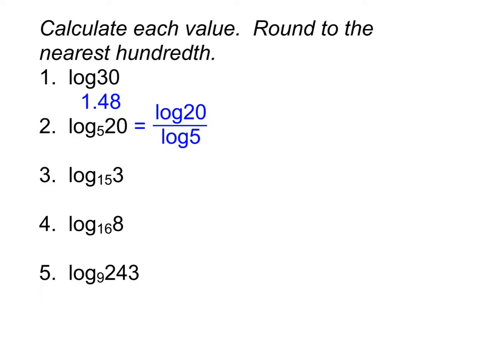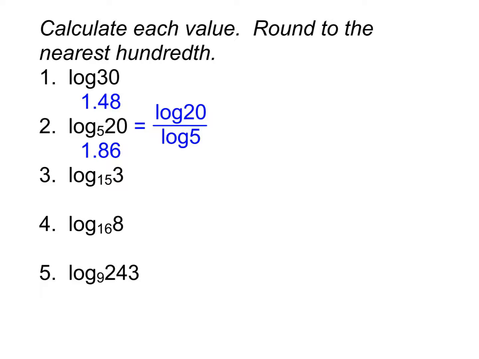Now when you press 5 and then log, the number that's displaying is the log of 5, so you still have to press enter to tell it to do the division. So again, on a scientific, that means 20 log divided by 5 log equals. If all goes well, you should be getting an answer of about 1.86. So make sure that you're able to get the right answer there before we move on to the next step.